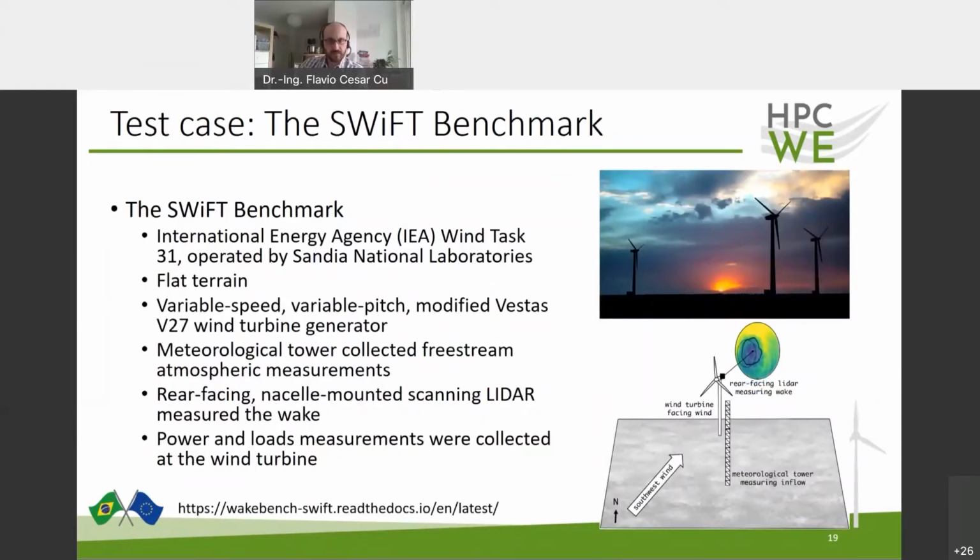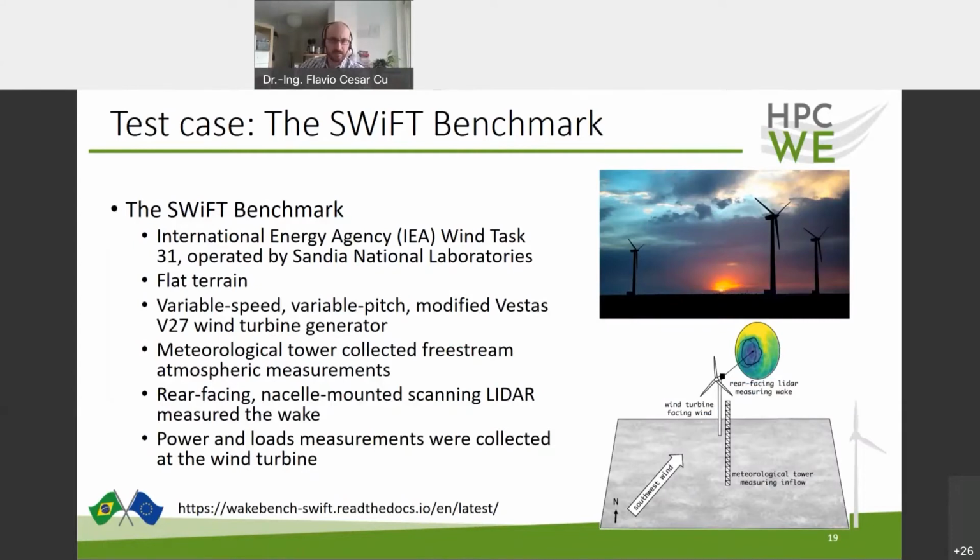For these simulations, I have used not the NREL test case, but the test case of the Swift benchmark. That's a bit smaller. This Swift benchmark was coordinated by the International Energy Agency.